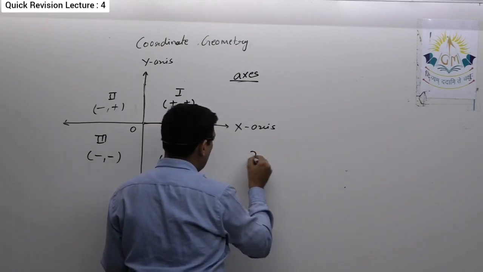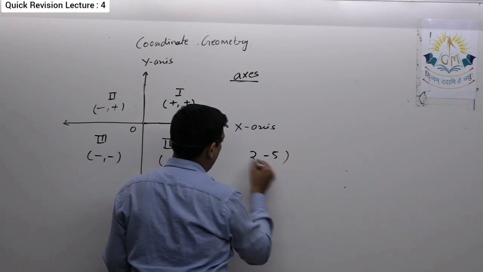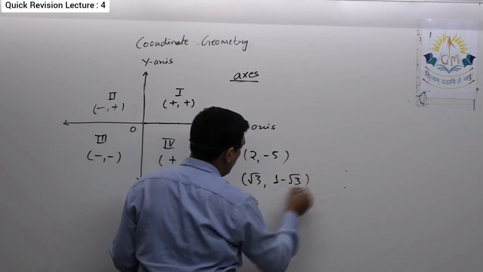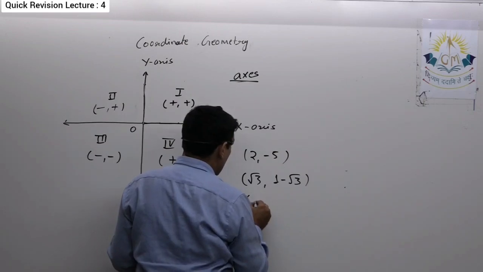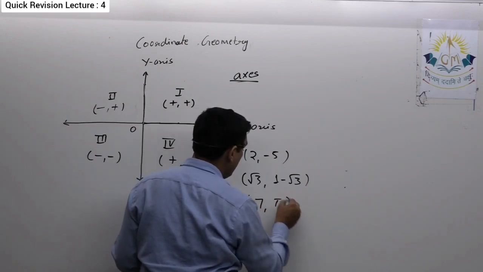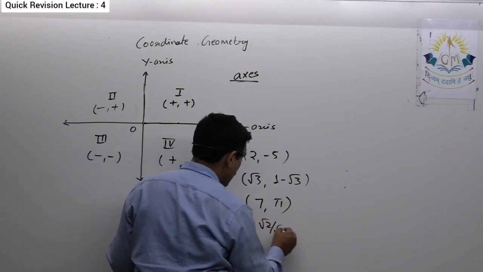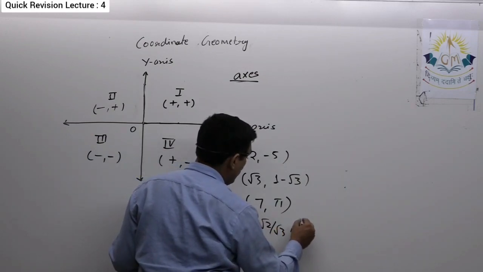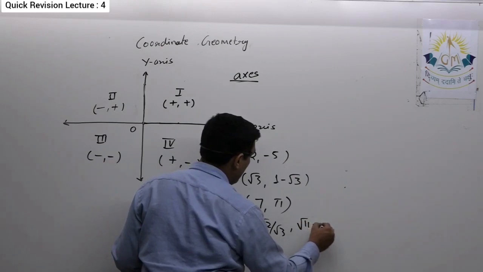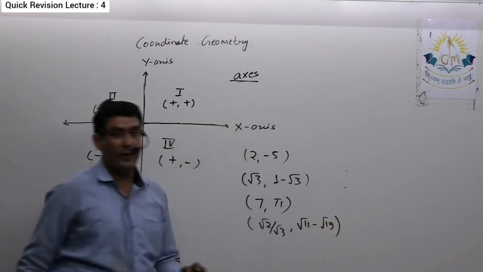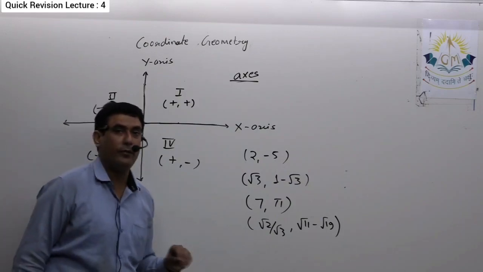Suppose I give you the points (2, -5), (root 3, 1 minus root 3), (7, pi), and (root 2 upon root 3, root 11 minus root 19). Now what I have to identify is in which quadrant these points will lie.